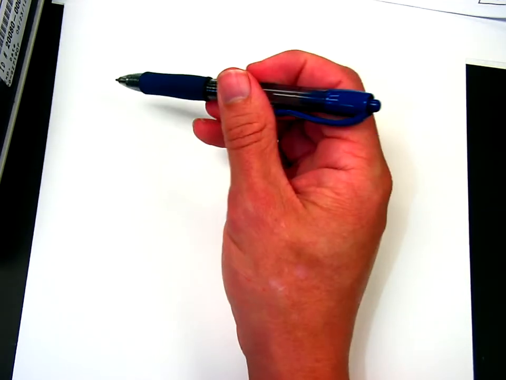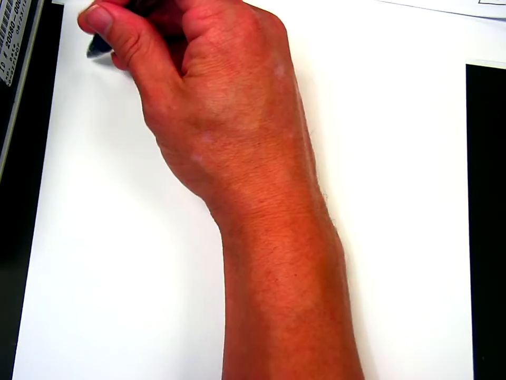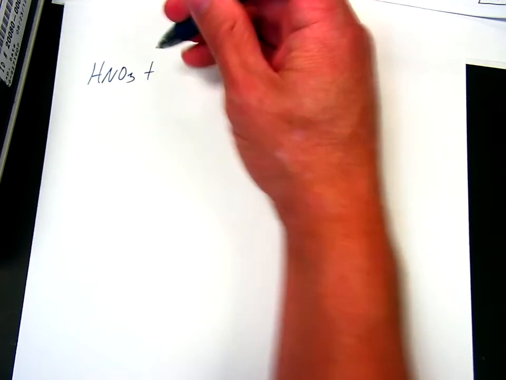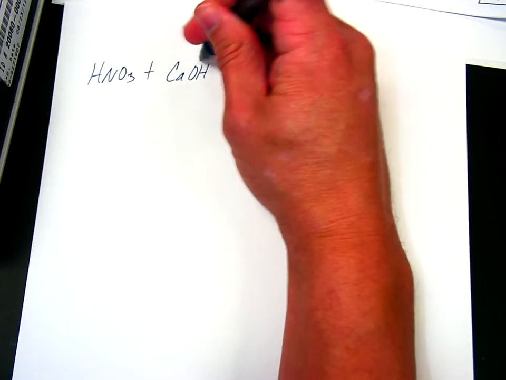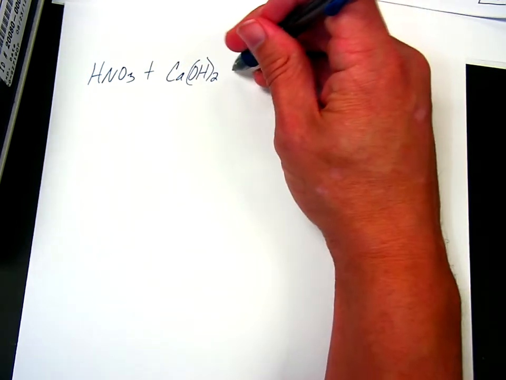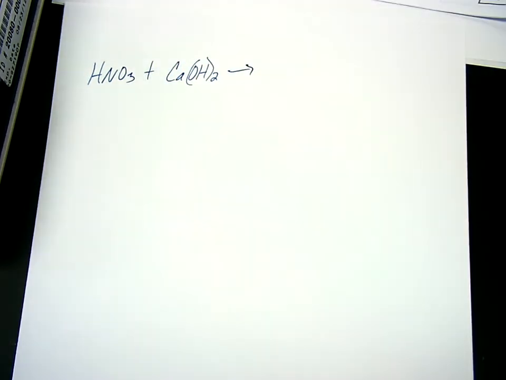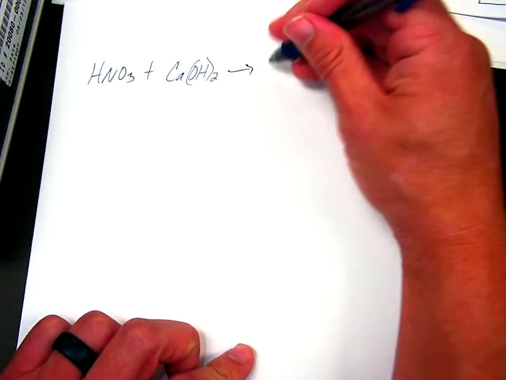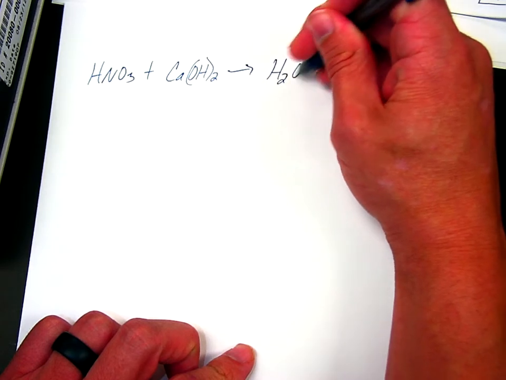All right, so check it out. Let's take a look at what's going on. It gives us a reaction between nitric acid and calcium hydroxide. Right away I can predict those products. I know that this is neutralization, so it's definitely going to make water.